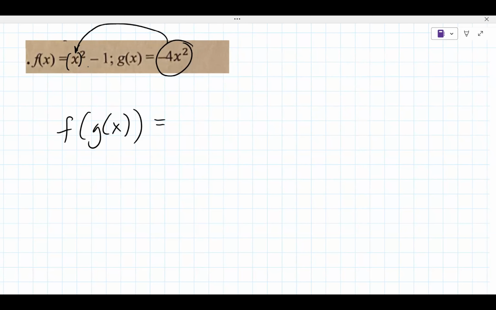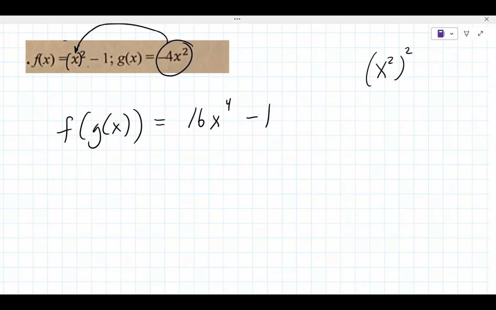Is it 16x to the fourth? Because you multiply the exponents. So it's 4 times 4, which makes it 16x. Then those two stay there, which is 4 minus 1.